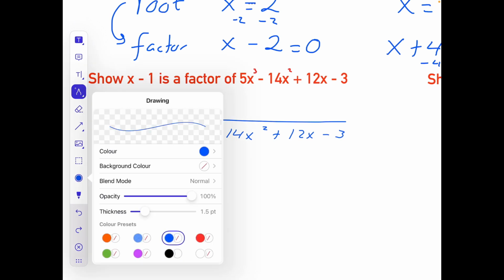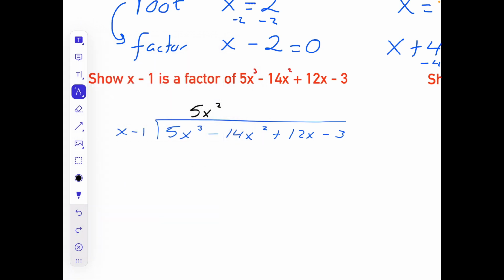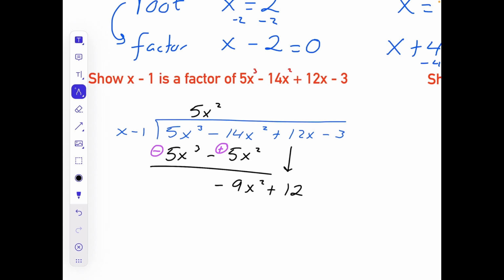And we need our two numbers down here, which we will get from multiplying 5x squared by x and then by minus 1. So that'll be 5x cubed underneath there and minus 5x squared. Two numbers, change the signs. This will change to a minus and this will change to a plus. 5x cubed minus 5x cubed will cancel out, and we've got minus 14x squared plus 5x squared. That's going to give me minus 9x squared, and bring down the next number.